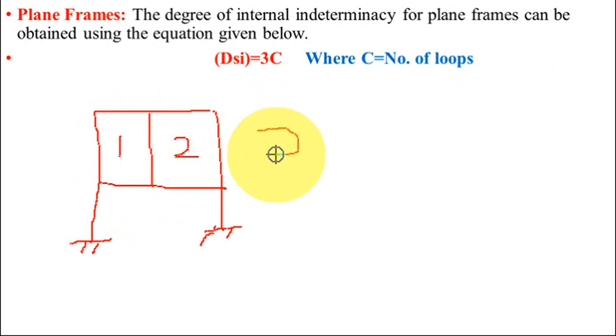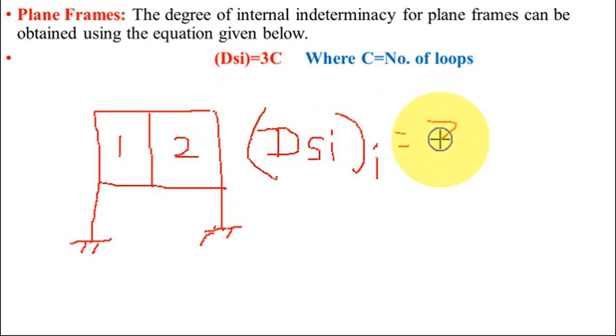And hence the degree of internal indeterminacy for this frame is equal to 3 times the number of loops.